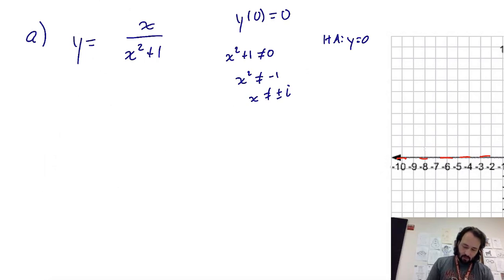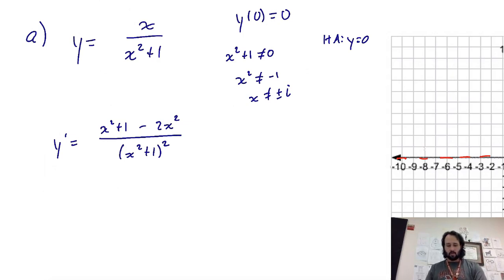So I'm going to go ahead and look at my first derivative. So low d high minus high d low all over low squared. Right, low d high, yep, minus high d low, yep.